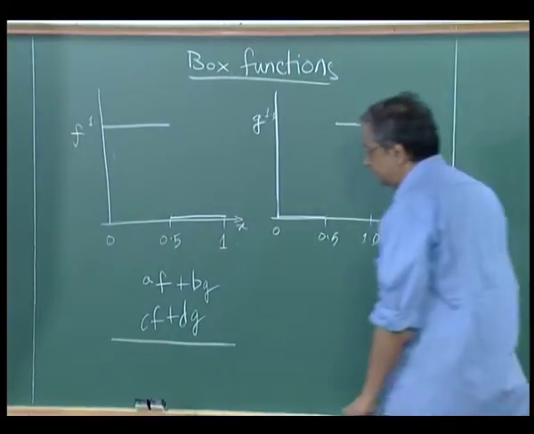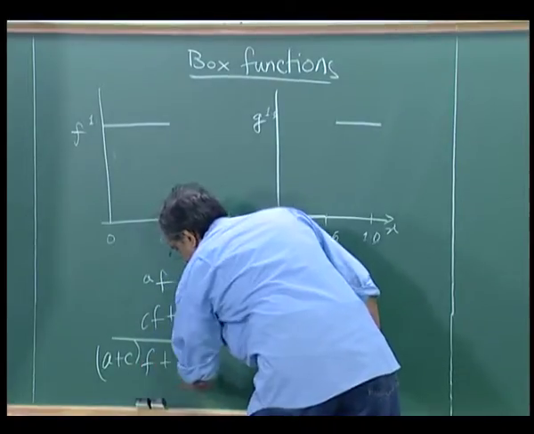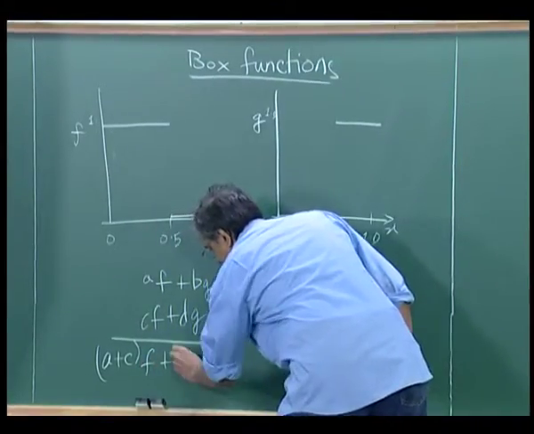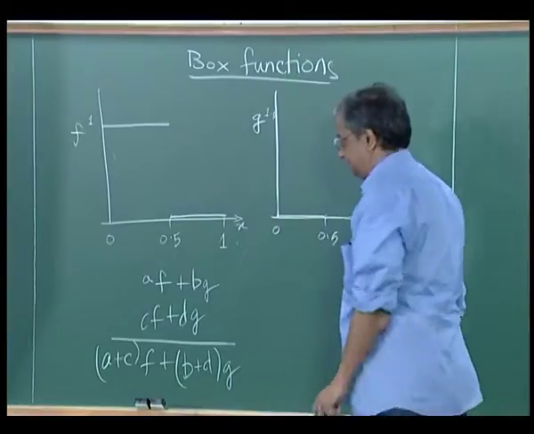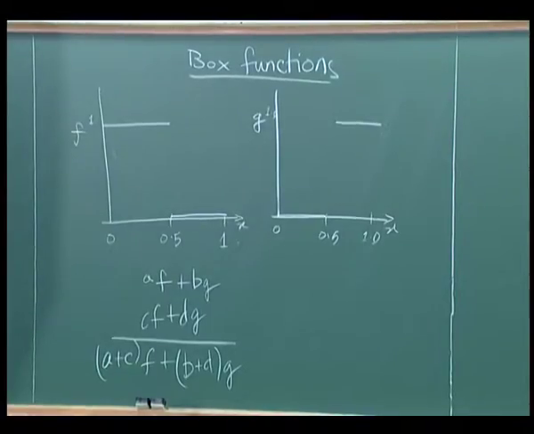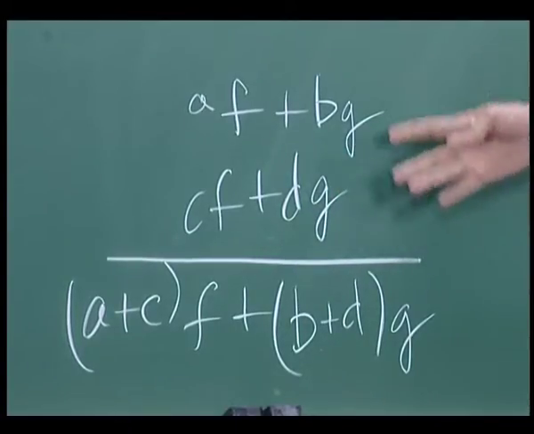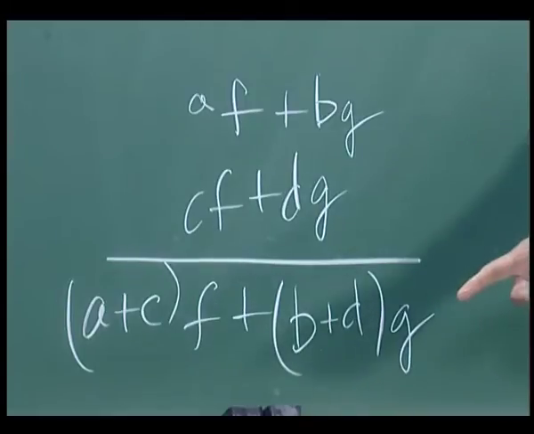An addition of these two will in fact give me a plus c times f plus b plus d times g. Is that fine? So we see that just as we did with the usual vectors that you are used to, we have something that looks like a summation, and we are able to do the vector algebra and set it up in a systematic fashion once we define the dot product.